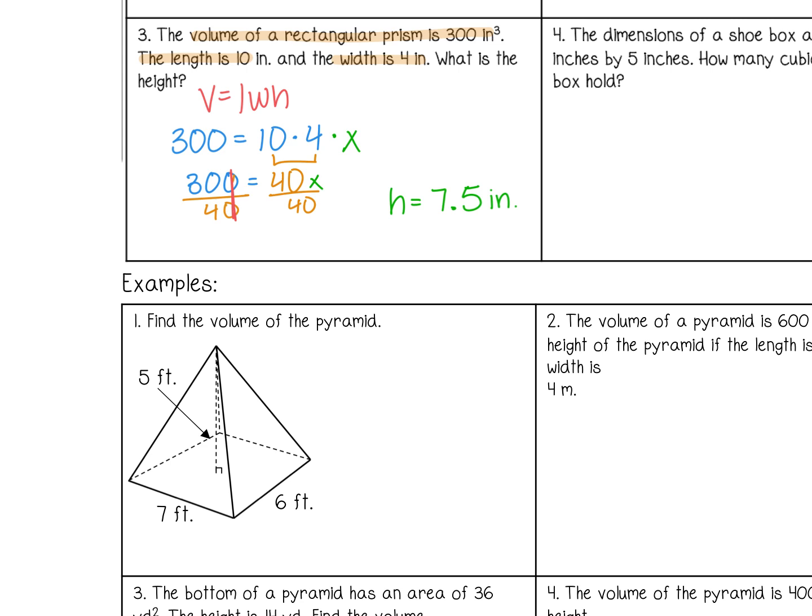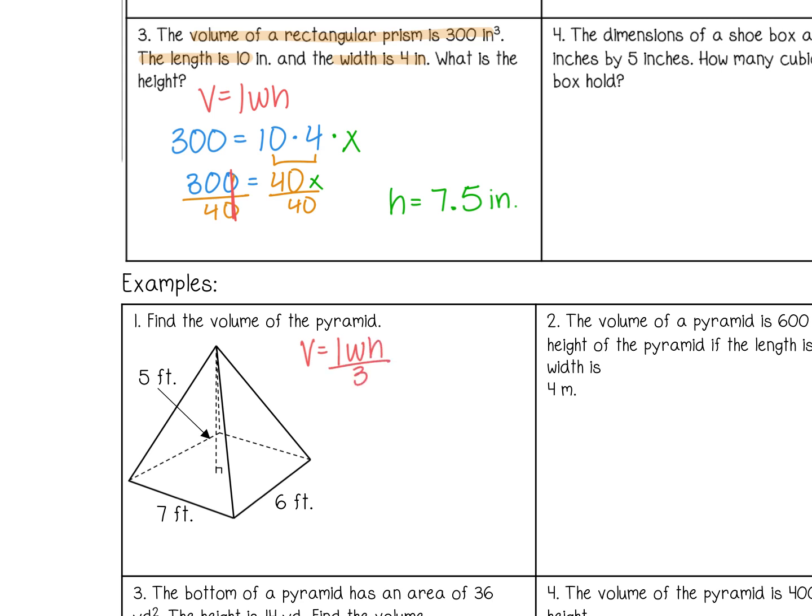All right, looking at the next one. Now we're dealing with a rectangular pyramid. What's the difference between the formula for a prism and a pyramid? Can anybody tell me? That's divided by 3. Good. It's the exact same formula. All I'm doing is dividing by 3. So I have volume equals length times width times height divided by 3.